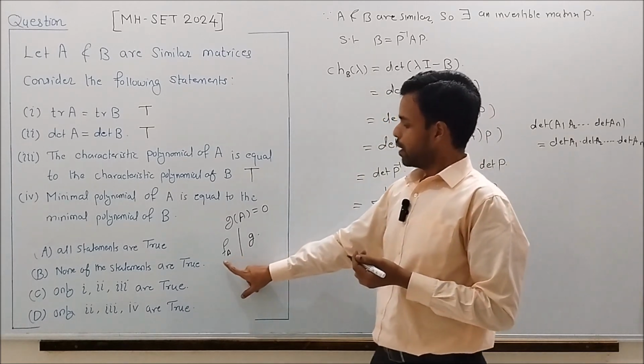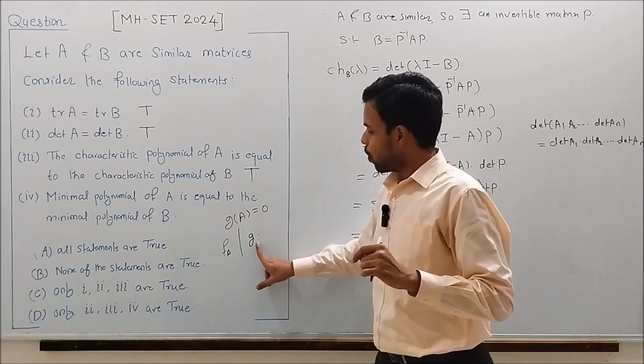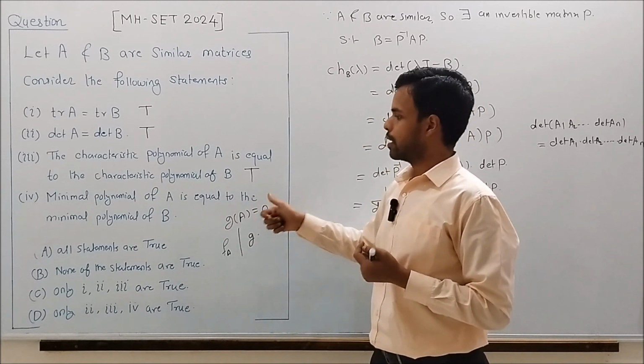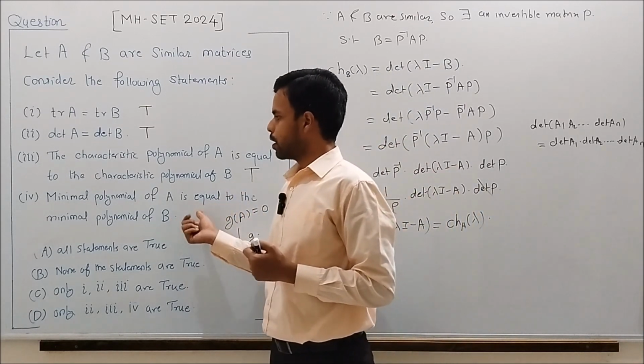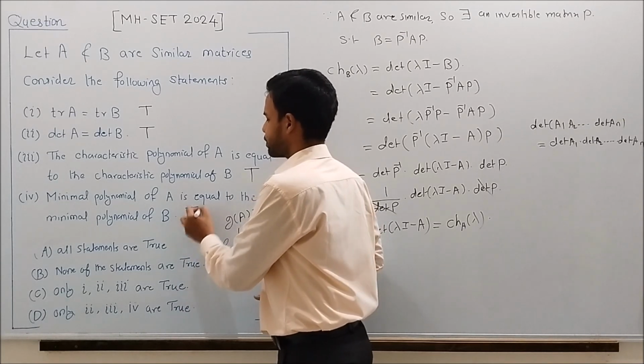That is, the minimal polynomial of a matrix A divides every polynomial of which A is a root. So you have to use this result and the definition of minimal polynomial to prove statement 4. So this is also a true statement.